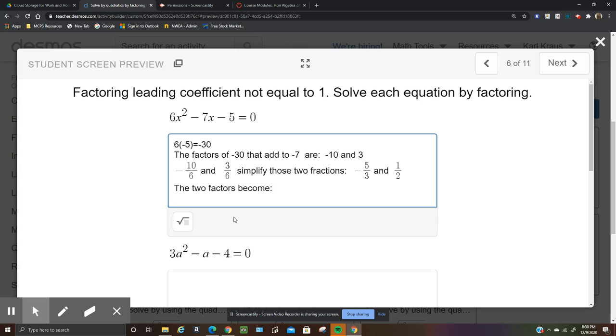So that becomes 3x minus 5. So this 3 goes in front of the x, the negative 5 becomes my constant term, and 2x plus 1.